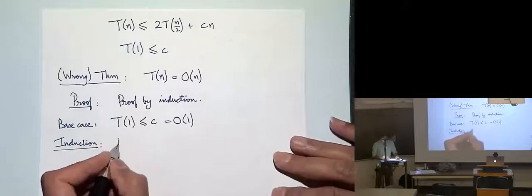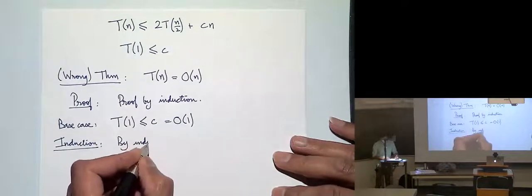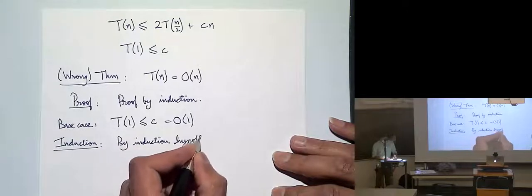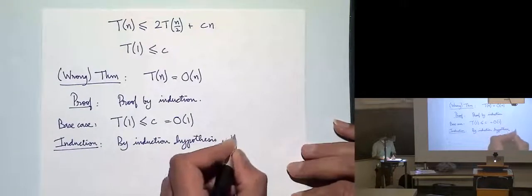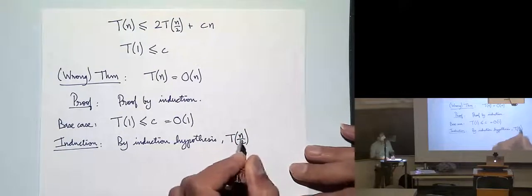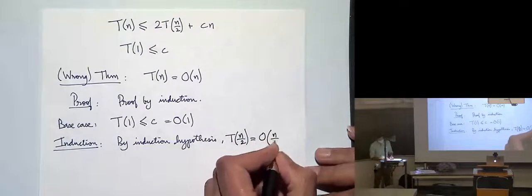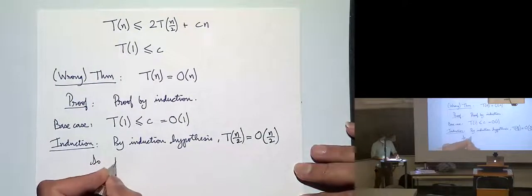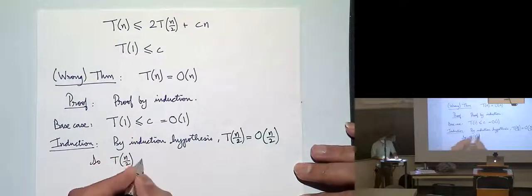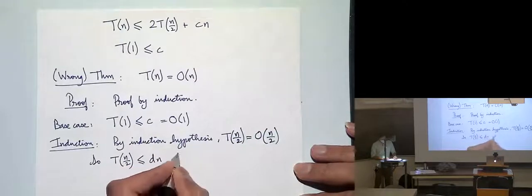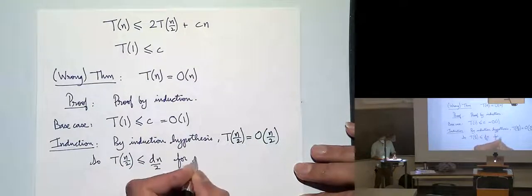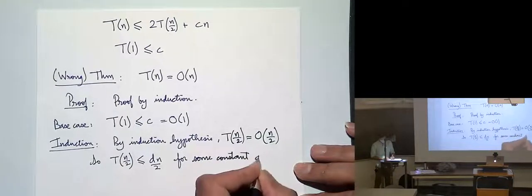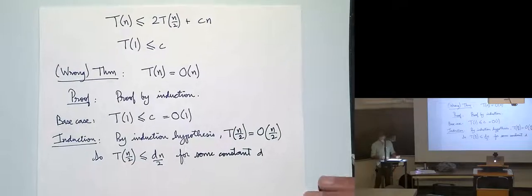So by the induction hypothesis, T of n over 2 is O of n over 2. So T of n over 2 is at most d times n over 2 for some constant d, right? That's what this means.